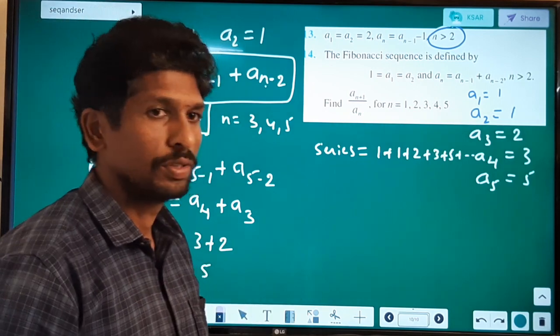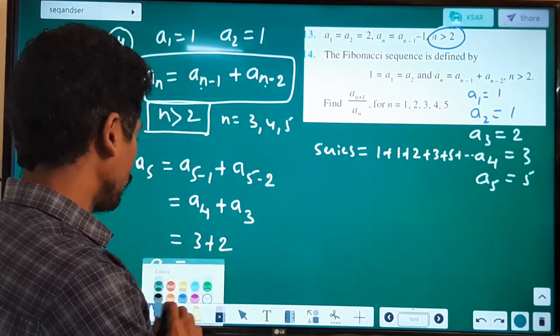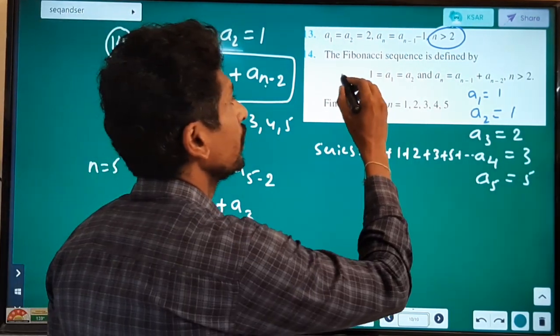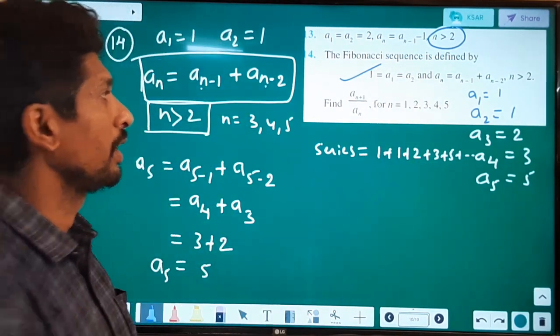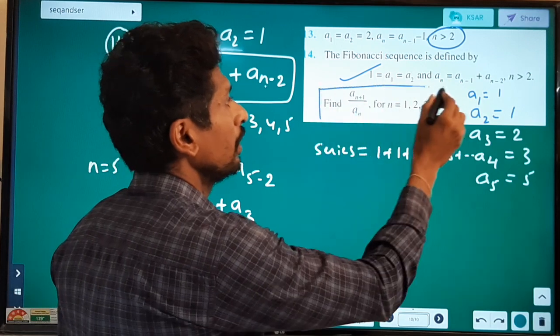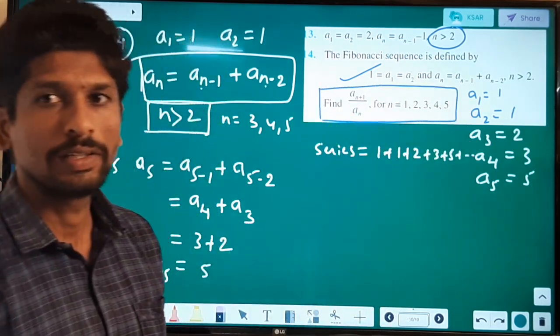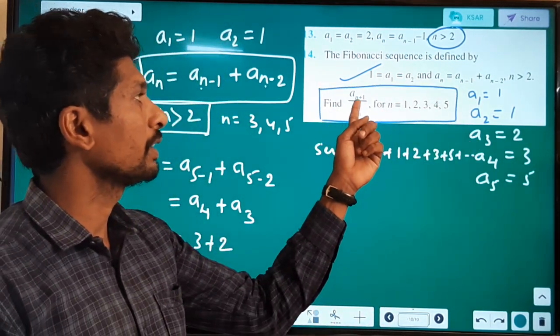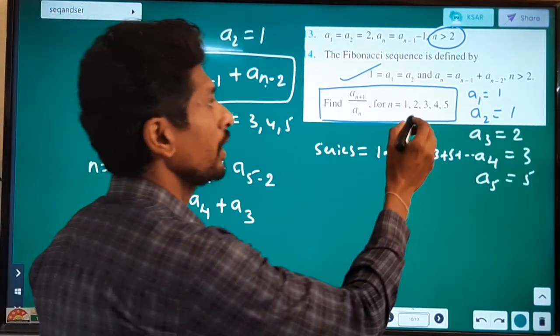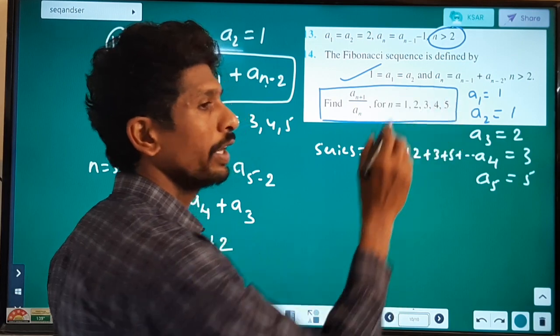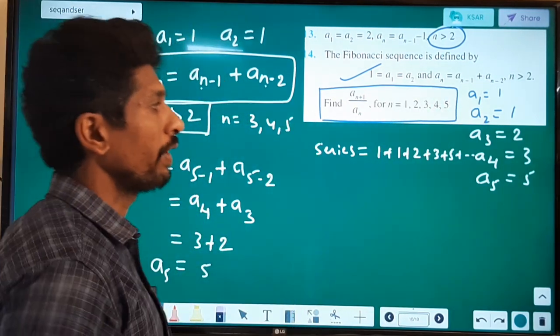This becomes the series now. The first one is the sequence of terms, and this is the series here. Next, going with the next question they ask: the ratio a(n+1) divided by a(n). You have to consider this ratio for n is equal to 1, 2, 3, 4 and 5. That one I will find now.